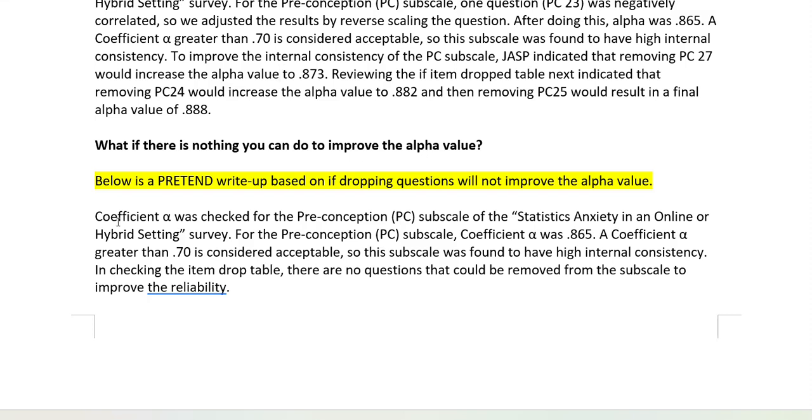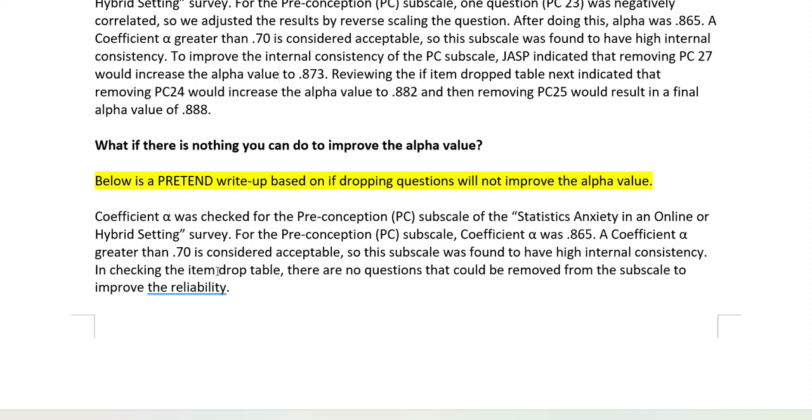So in this case, coefficient alpha was checked for the PC subscale of the Statistics Anxiety in an Online or Hybrid Setting survey. For the PC subscale, coefficient alpha was 0.865. A coefficient alpha greater than 0.70 is considered acceptable, so this subscale was found to have high internal consistency.